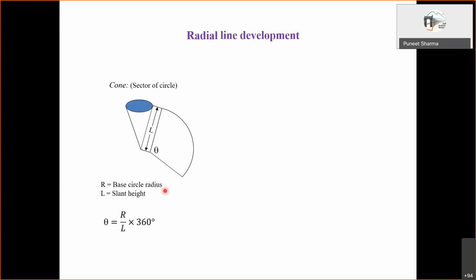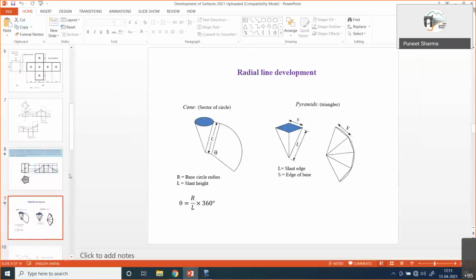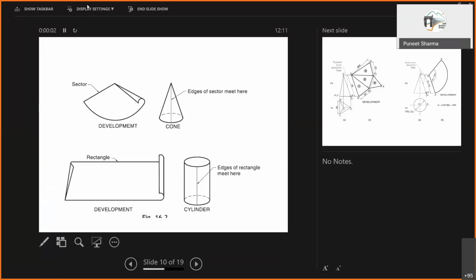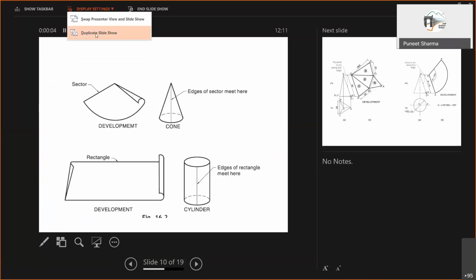But actually, the generators, whatever we draw, will also have to be shown in this when we are drawing it. I have one more slide. Just a moment. Yeah, this actually shows what I was talking about. We'll get back to the previous one after this.